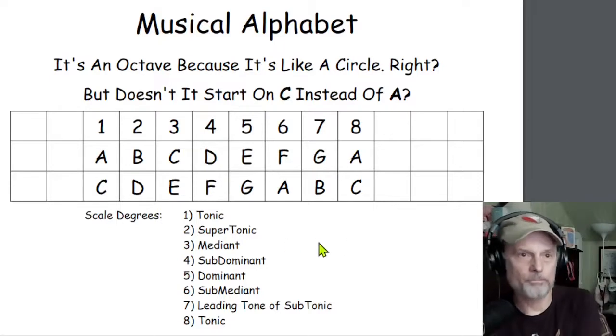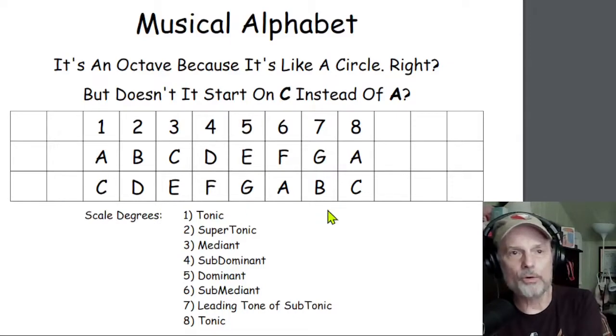Okay, so we're gonna just real quickly run through this. Tonic, both the root and its octave are called the tonic. Between the dominant and the tonic, that's the middle, and so it's named the mediant. Now, right below the dominant, we call it the subdominant.